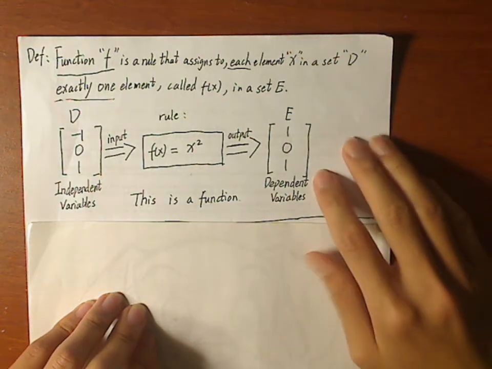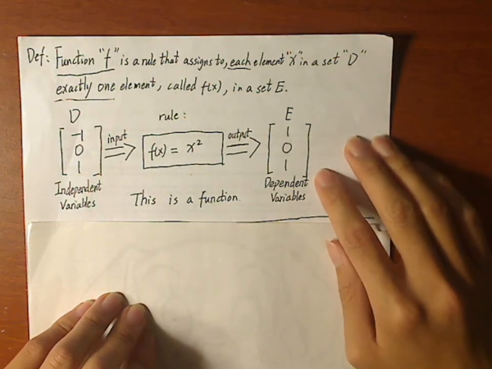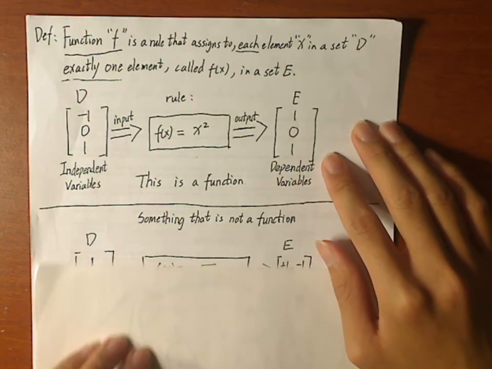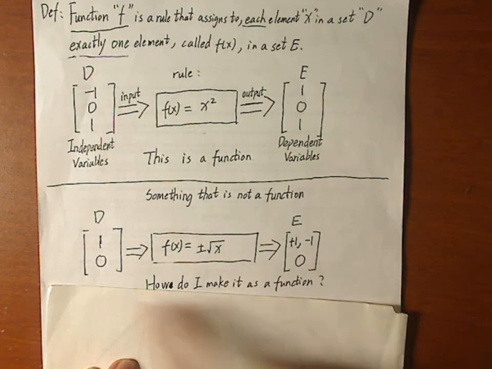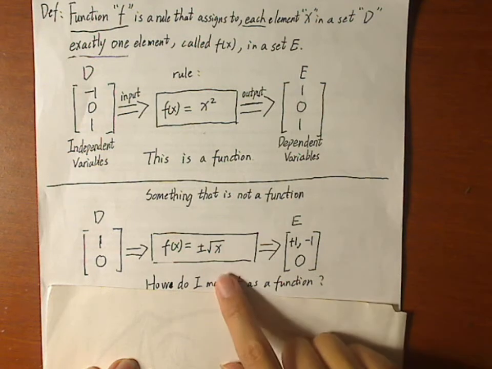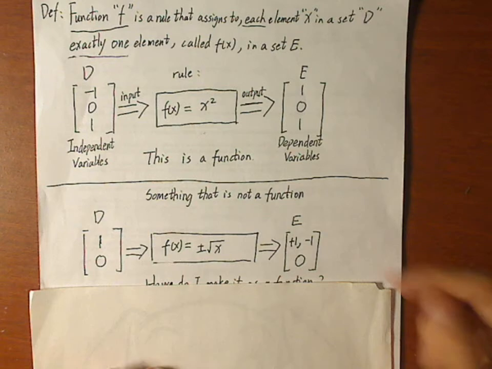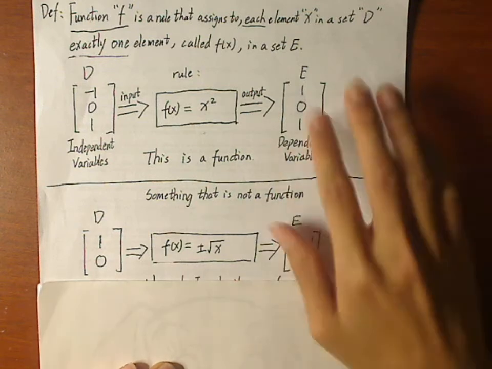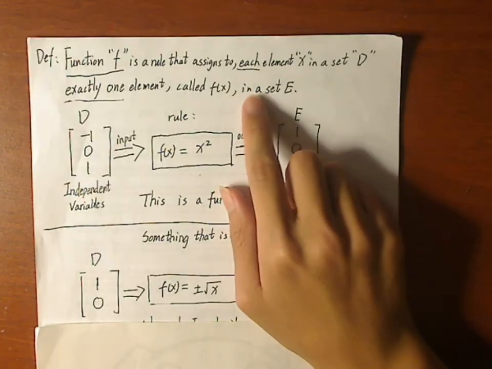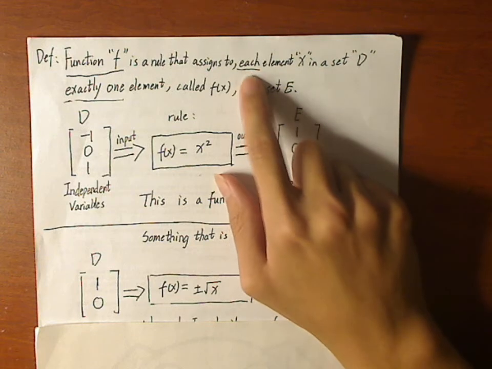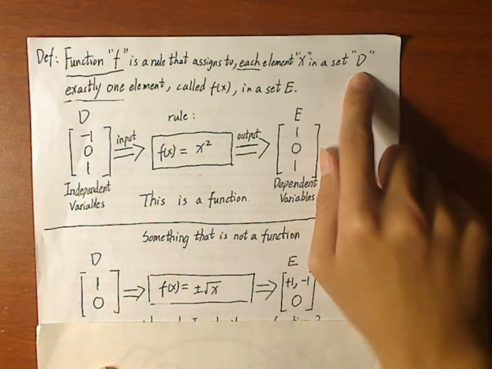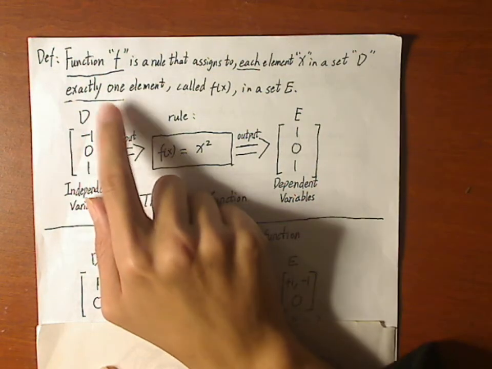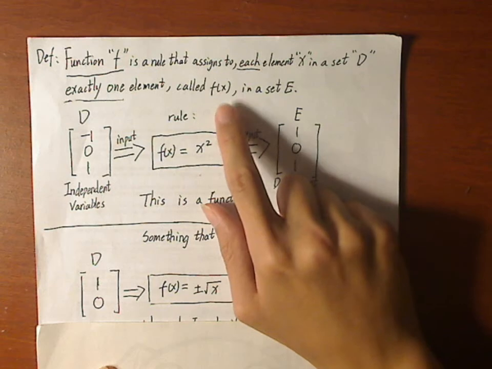Now let's compare with something that is not a function. It looks similar. We also have D and E, and there's also a rule in between. But what makes the difference? If you look at the definition really carefully, it says each element x inside D gives exactly one element for f(x). Do you see that?